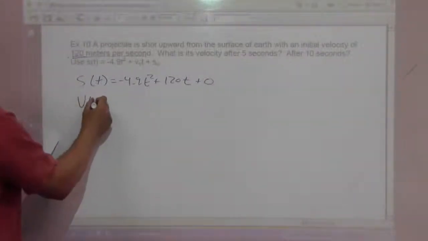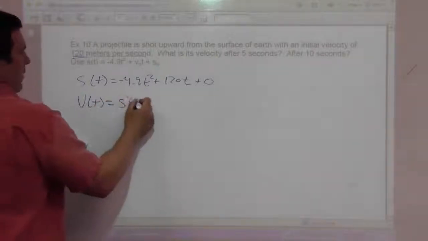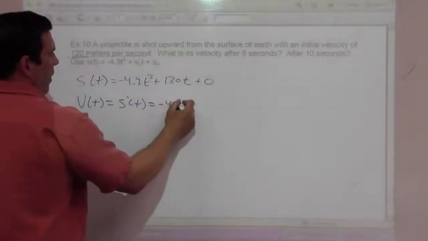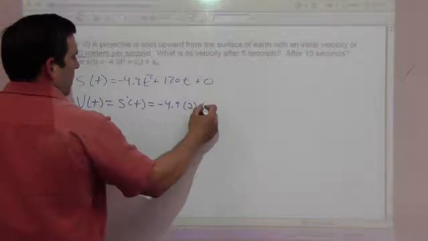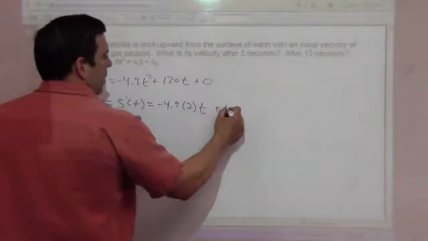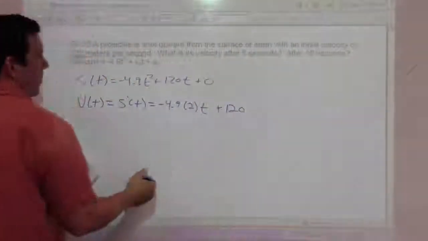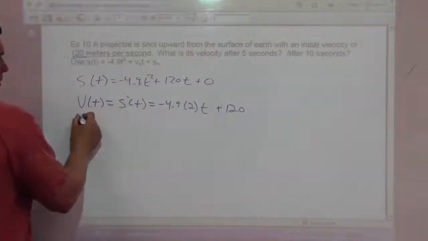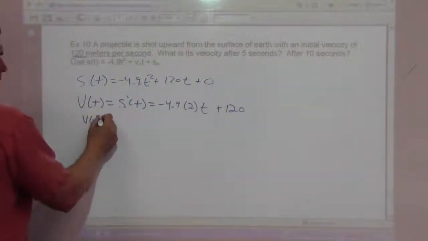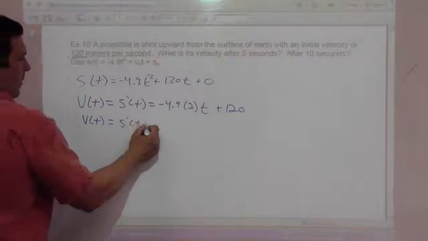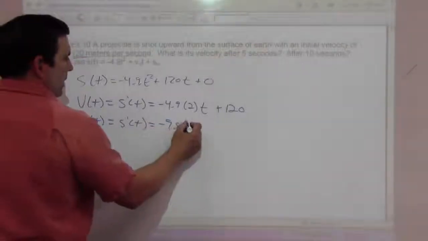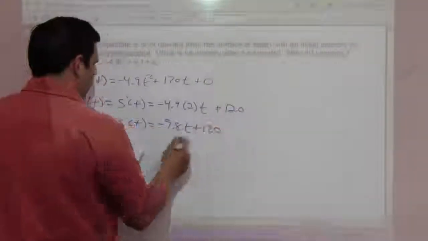So velocity at time t is going to be s prime of t. This is negative 4.9 times 2 times t to the 1 plus 120 times t to the 0. So our velocity, which is s prime of t, is going to be negative 9.8 t plus 120.